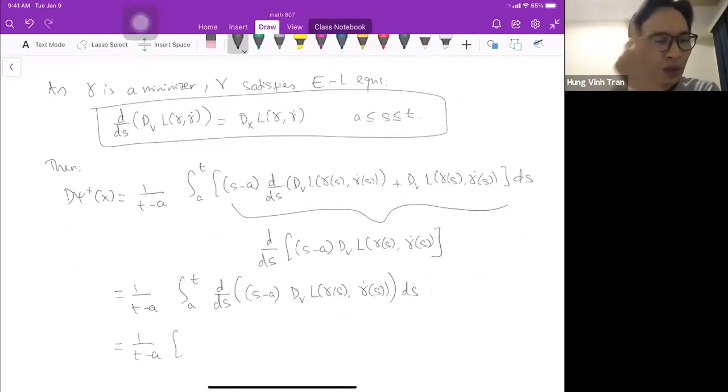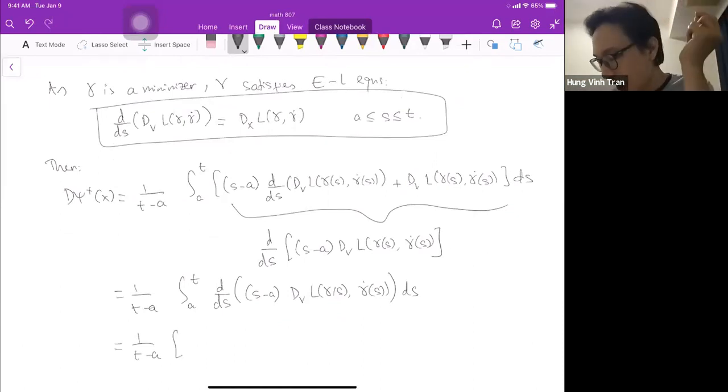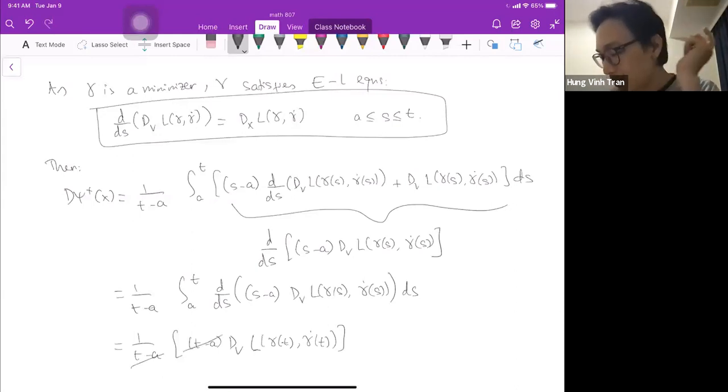When s equals I it is just 0, so only the upper end matters. That gives t minus I times dvL of gamma t, gamma dot of t. The t minus I cancel out, so we get exactly the conclusion.